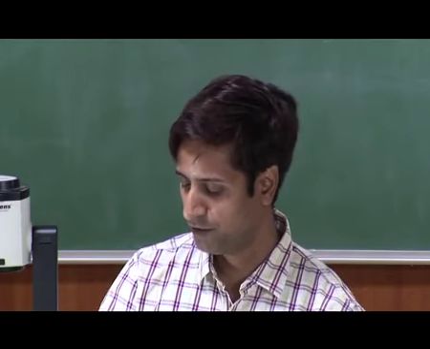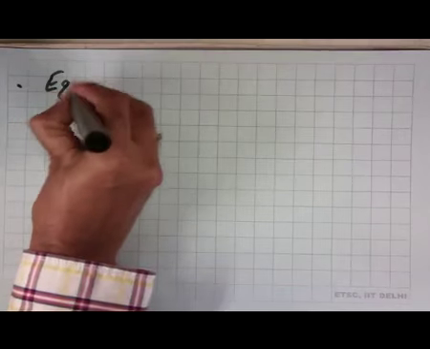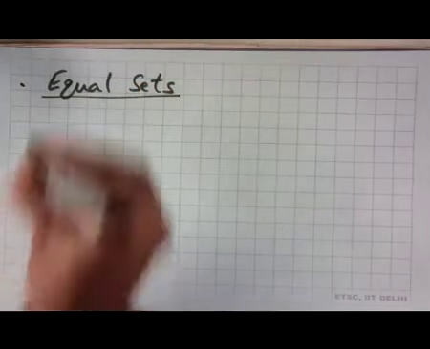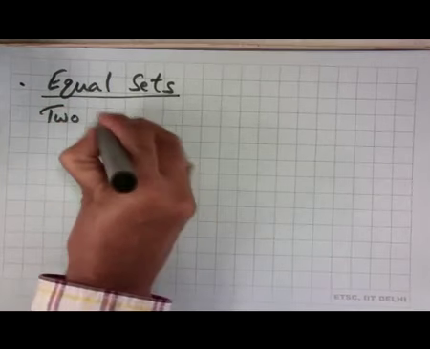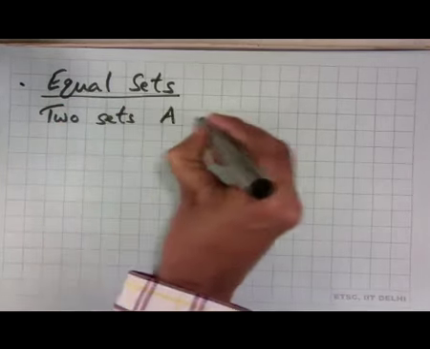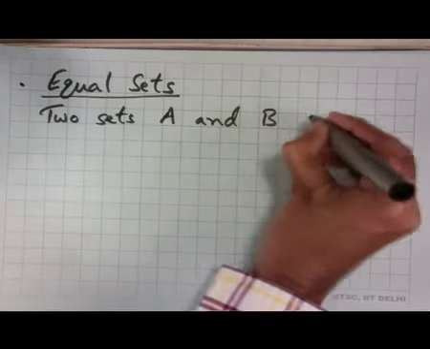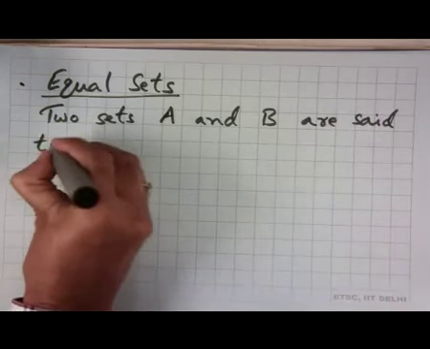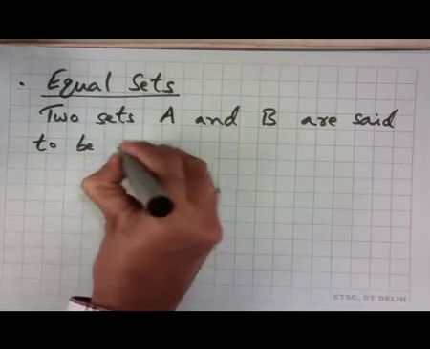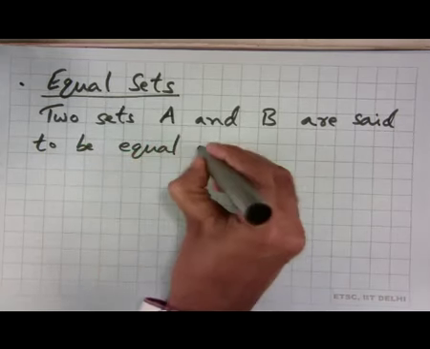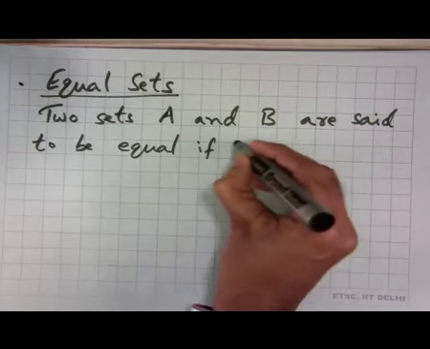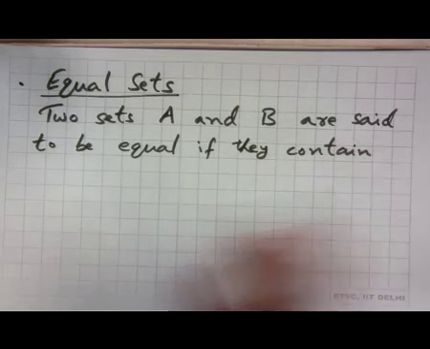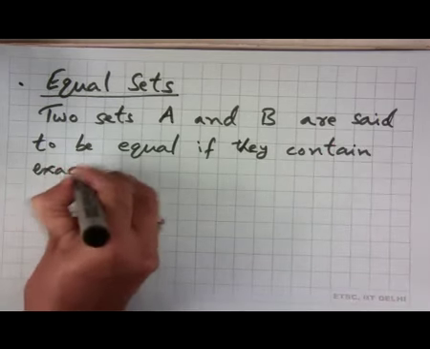So, next thing we will say what we mean by two sets to be equal. So, two sets A and B are said to be equal if they contain exactly the same elements.